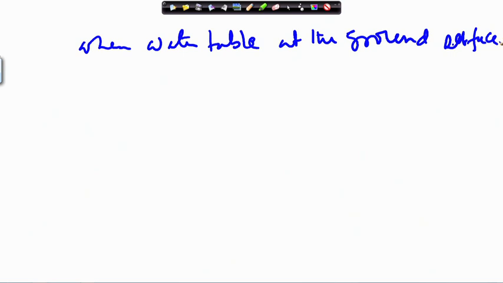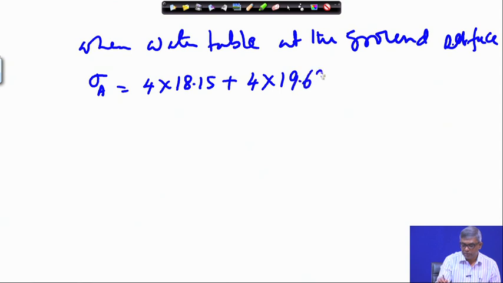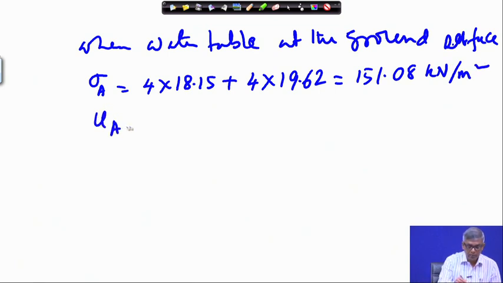So, you have sigma_v, sigma A will be equal to 4 into 18.15 because entire 4 meter of sand will be saturated plus 4 into 19.62. So, that gives you 151.08 kilonewton per meter square, and u A will be 8 into gamma_w.